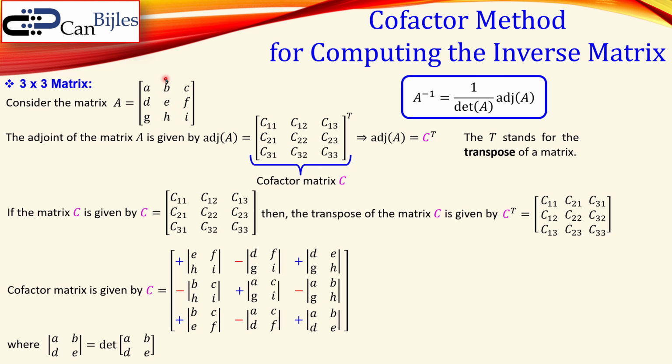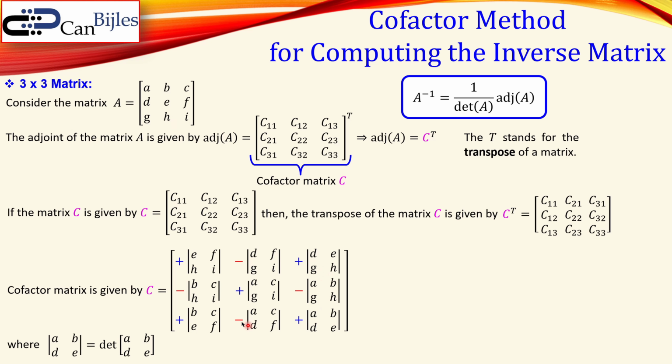So we cross over this one, that one, we have only D, F, G, I. That's shown here. Of course, we need to put the minus sign because we change the sign if we make this step. So again, a plus here and a minus, etc. Also for this one, if I go to the right top one, I cross over this row and this column, so I get D, E, G, H.